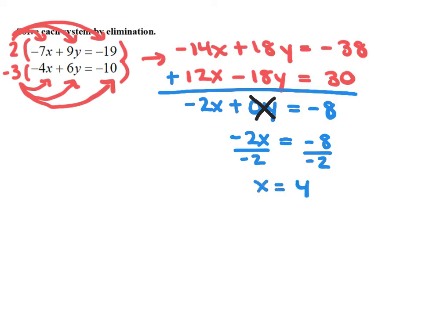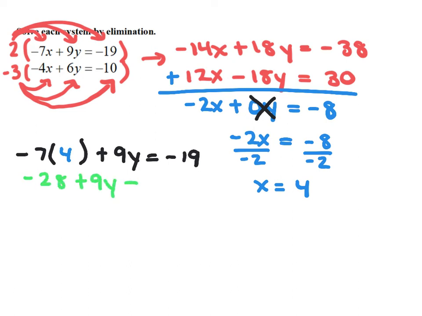Now if I plug that value of x back into the first equation, I'd have negative 7 times 4 plus 9y equals negative 19. If I solve, I'll have negative 28 plus 9y equals negative 19.